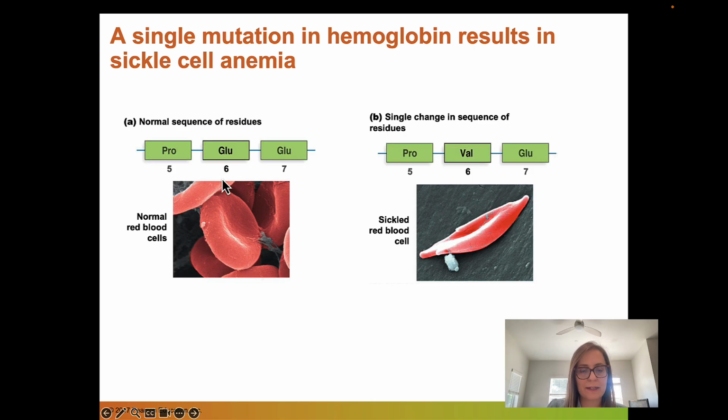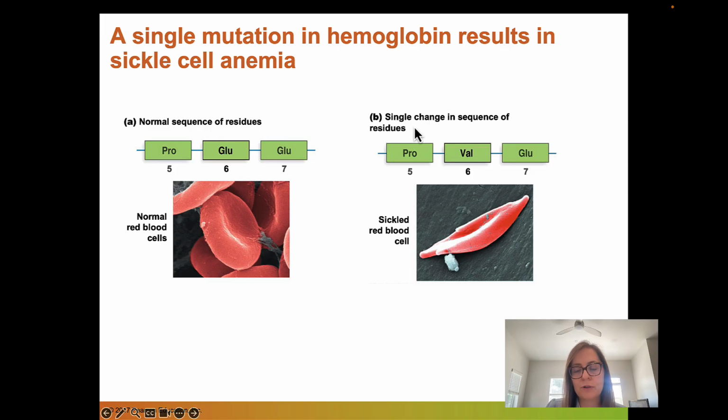And hemoglobin is one of the proteins that carries oxygen in red blood cells. And so here's what a picture of a normal, healthy red blood cell looks like, where it has this concave-like structure. Essentially, it looks like you put your head in a pillow.